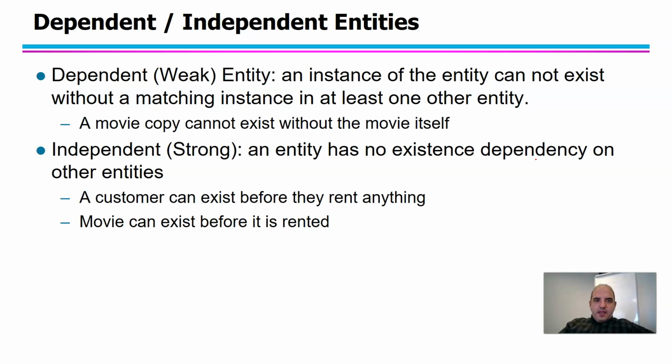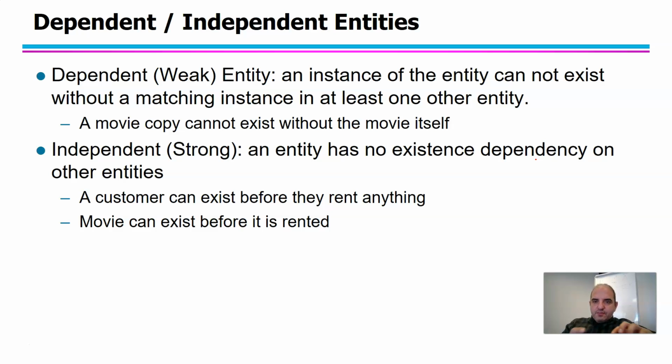Another type of entity is the dependent or independent entity. I just want to inform you of the terms. For a dependent entity, an instance of the entity cannot exist without a matching instance in at least one other entity. For example, a movie copy cannot exist without the movie itself.